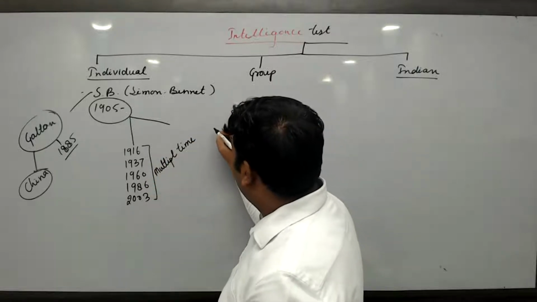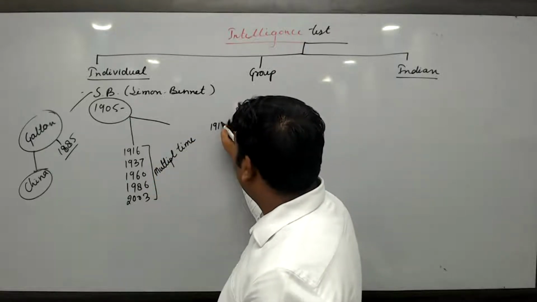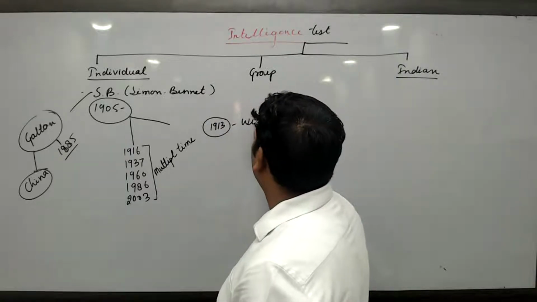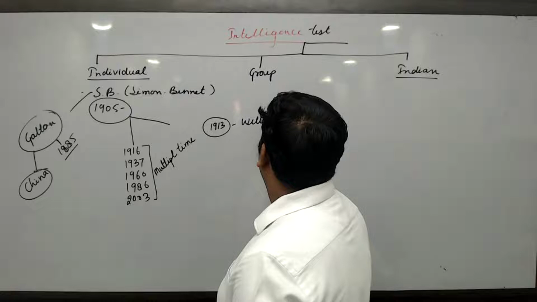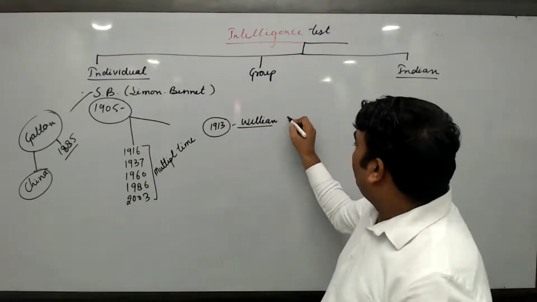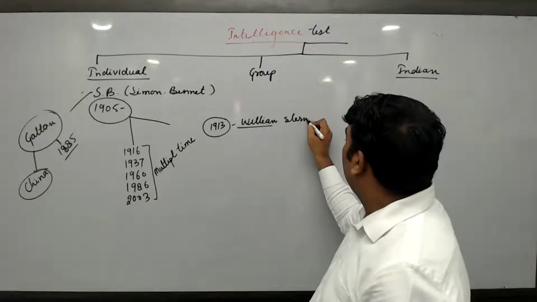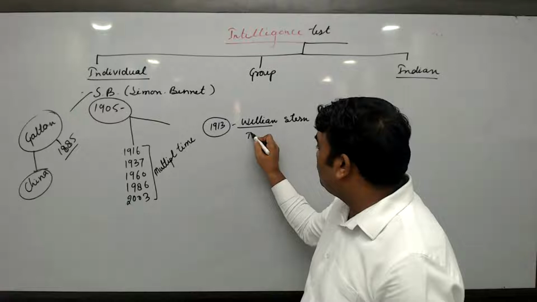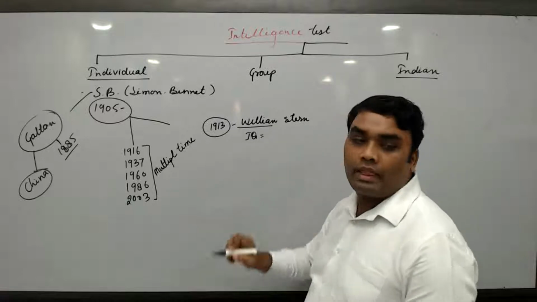And there was a psychologist in 1913 named William Stern. What was his name? William Stern. He introduced a new concept, IQ.